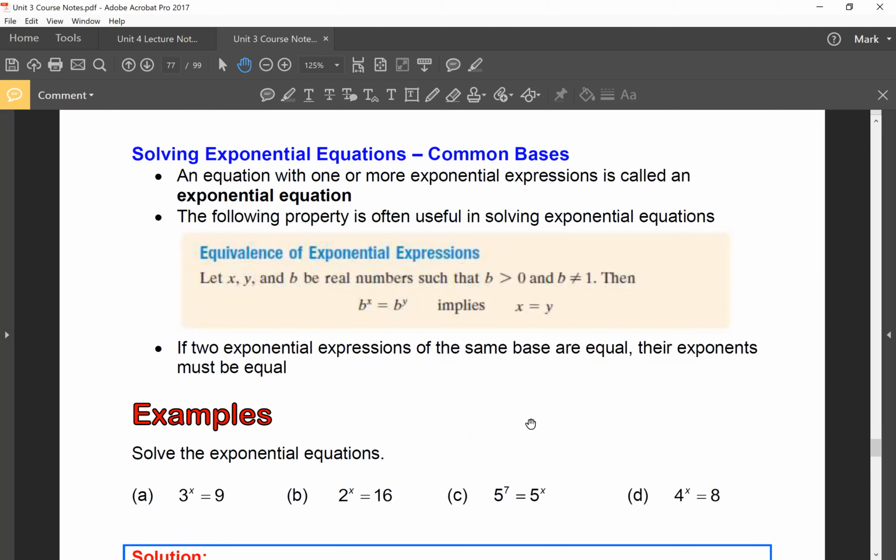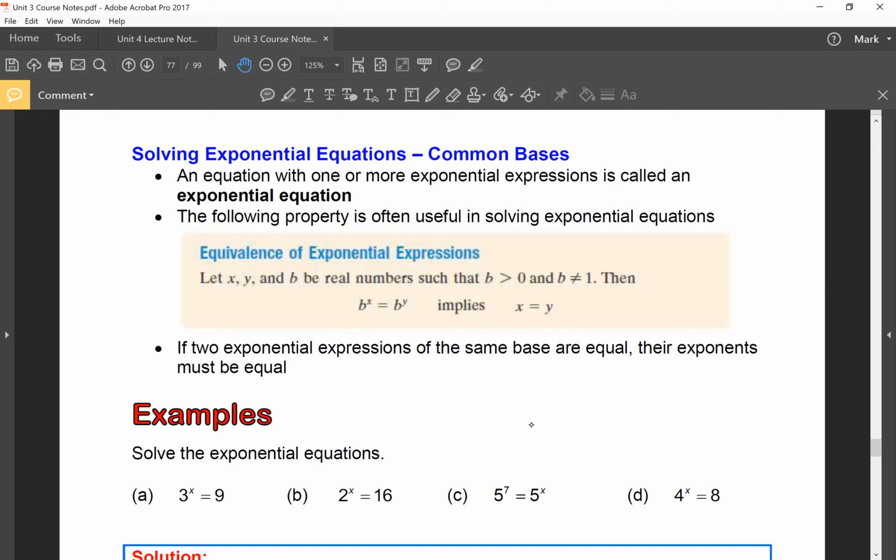What do we do there? Well, the thing about solving exponential equations is it can be quite easy if the bases are the same. If the bases are not the same, we can actually use logarithms to help us.